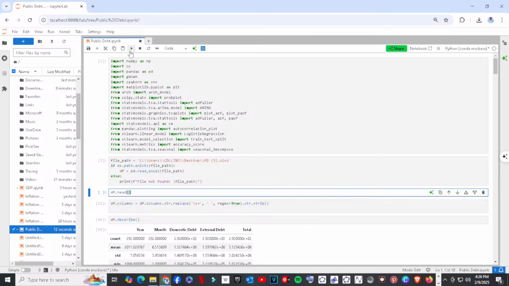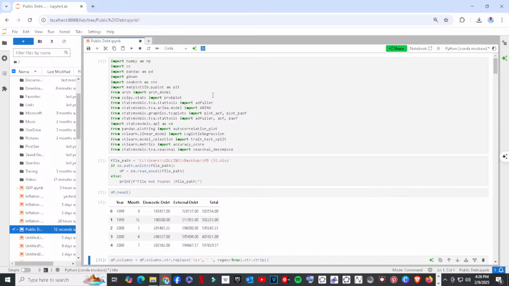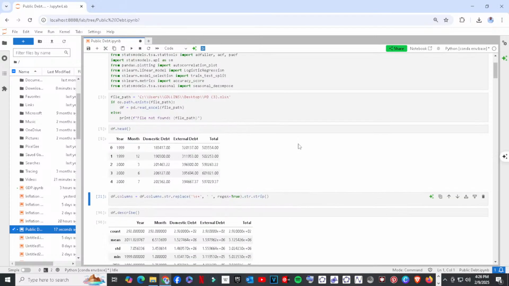That should show us the data that we have. Yes, that gives us the first 5 entries in our Excel sheet.